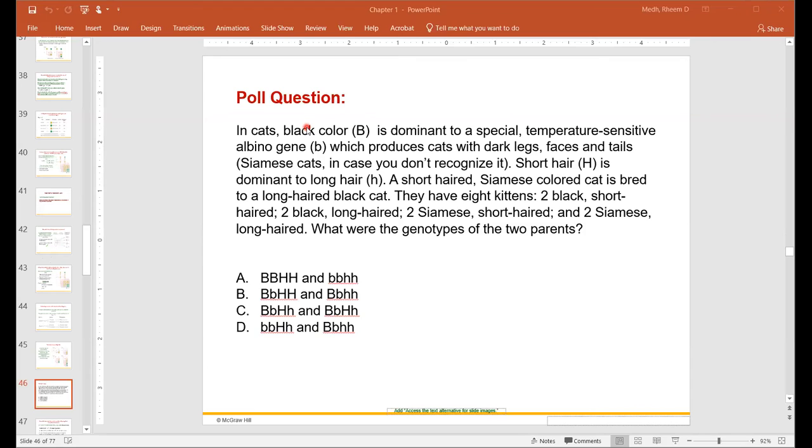So let's just look at the big H. Let's just look at the big H cross to the little h. It's easy to separate them out, right? So then the only way you can get Hh and hh genotypes from here is if this was little h, right?